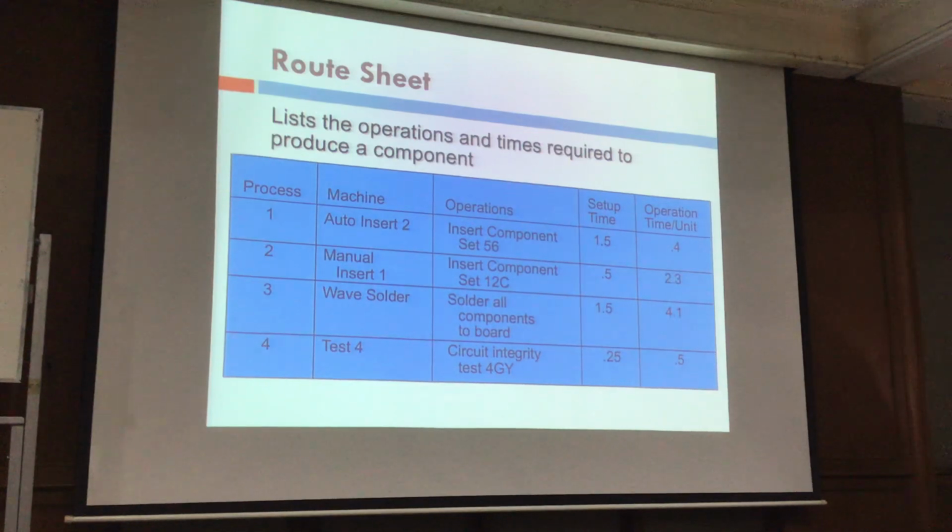It can help us organize and operate the production, because you know which machine is involved in each process, how long setting up will take, and the processing time per unit for each process.